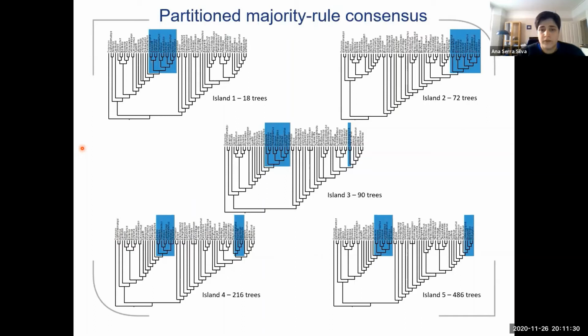Now, this brings us to a problem. Do we say that trees are equiprobable, or might it be that, because there is one main topological variant per island, we could say that islands are equiprobable, not trees?